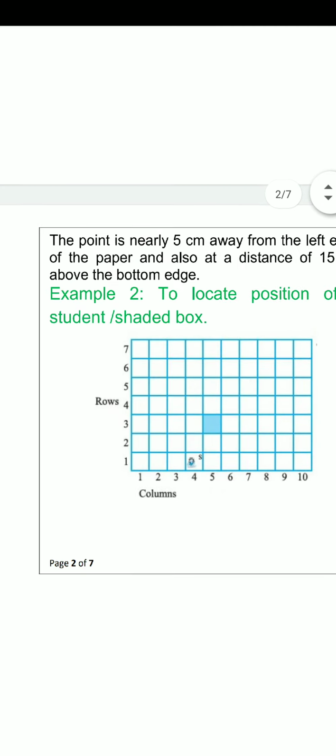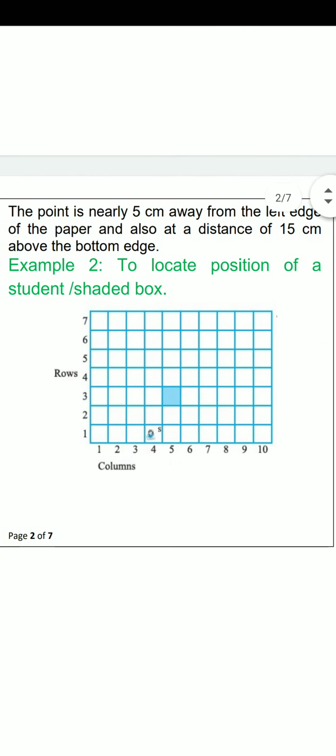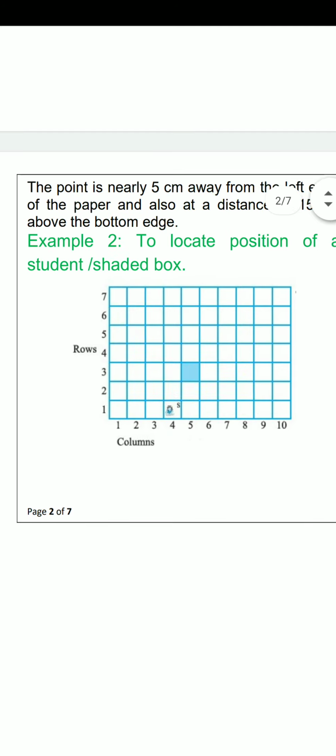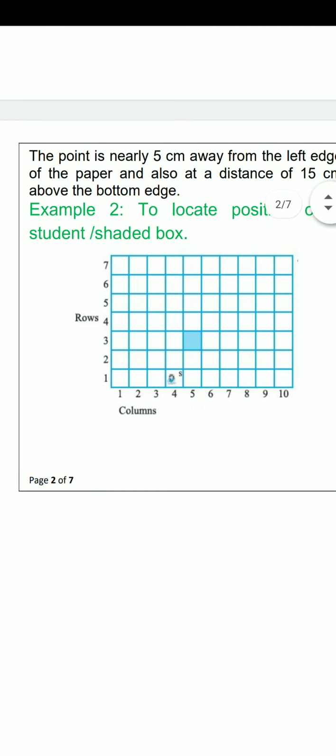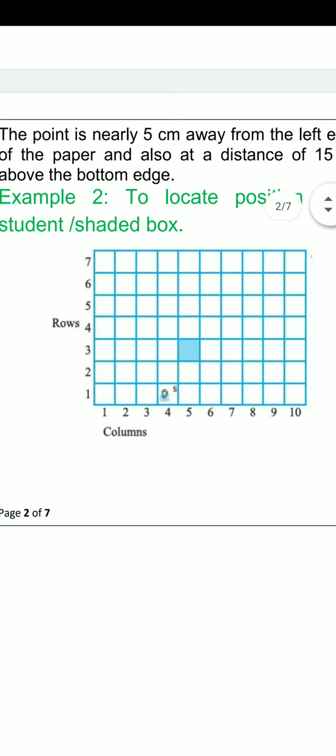To locate the position of a student or shaded box in the square grid. As you know, all of you are sitting in the class in rows and columns.